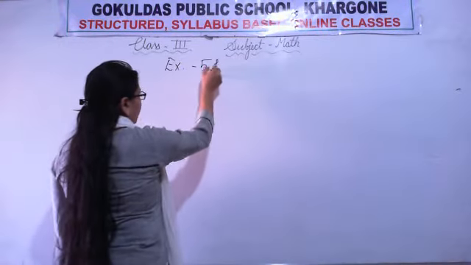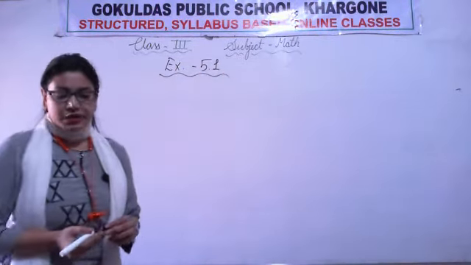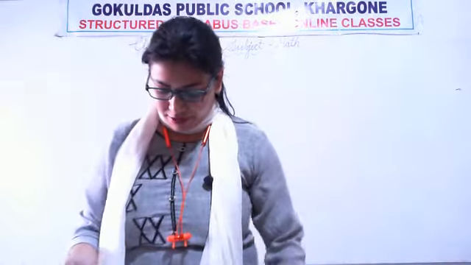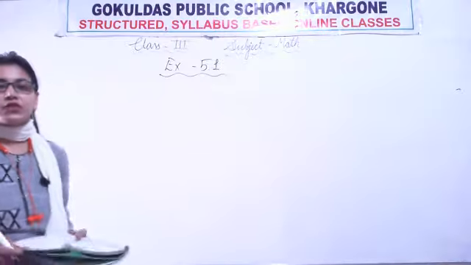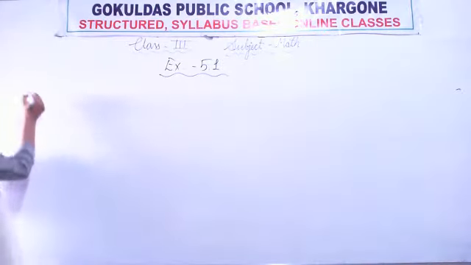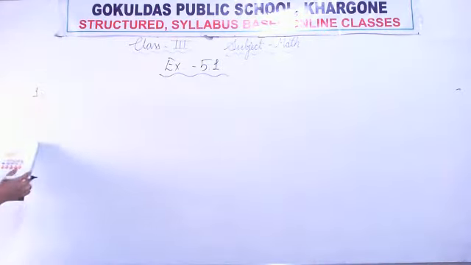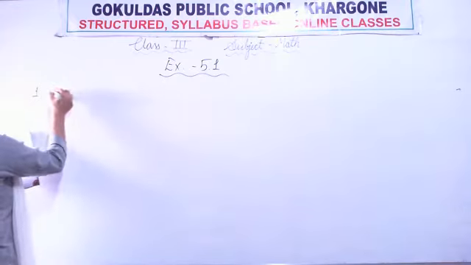So exercise 5.1, question number 1 is solved by repeated subtraction. So first of all, let's write down the question. Solved by repeated subtraction.